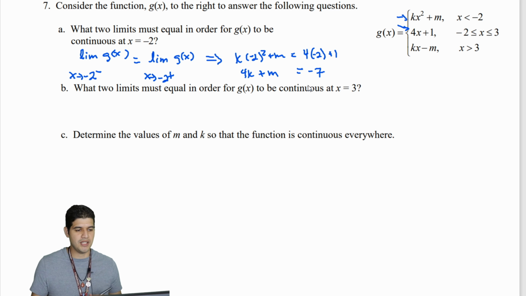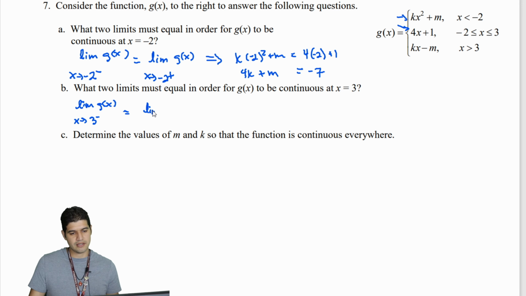What two limits must be equal for the function to be continuous at 3? And it must be our left-hand side and our right-hand side limit. So our limit of g of x as x approaches 3 from the left, that's going to be our second equation, must equal our limit of g of x as x approaches 3 from the right. Well, what does that give us?